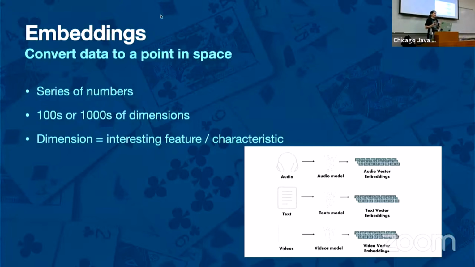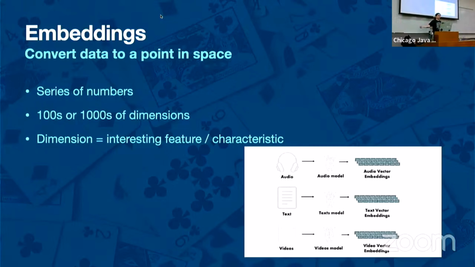So now we can take data using a large language model to calculate vectors. We can take data and calculate it down to an embedding, which is a vector, a series of numbers. It could be hundreds or thousands of dimensions, and dimensions just calculate the variety of different features you want to include.